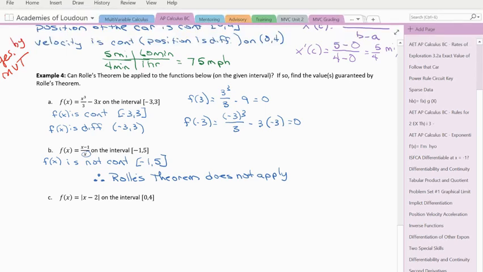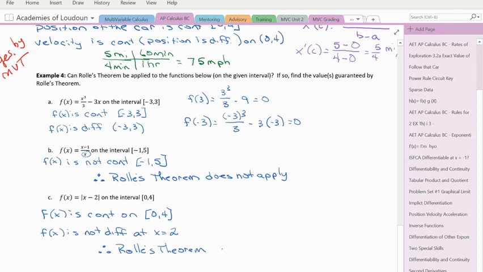And then this last one, f of x is continuous on the interval 0 to 4, but f of x is not differentiable at x equals 2. Therefore, Rolle's theorem does not apply.